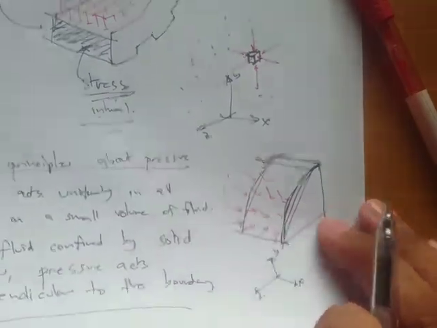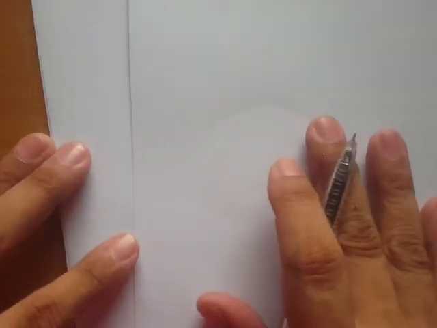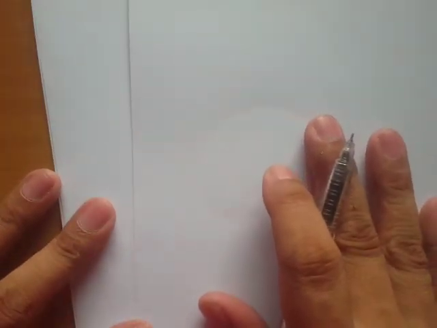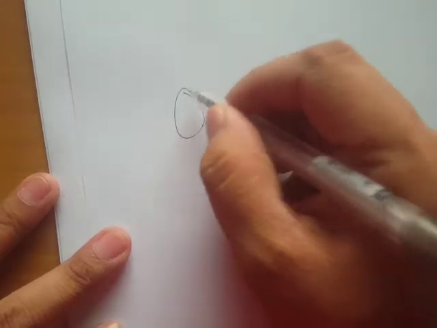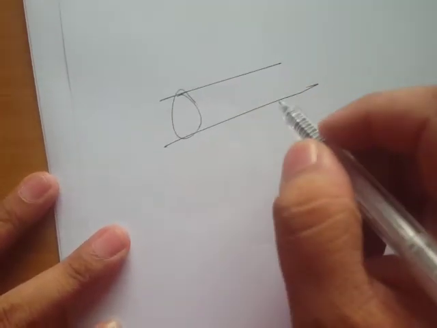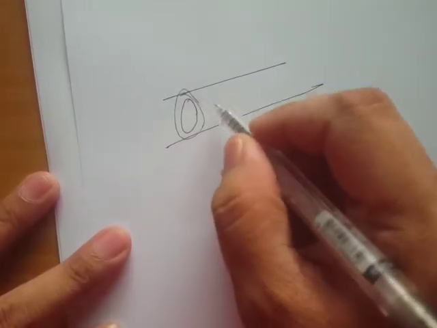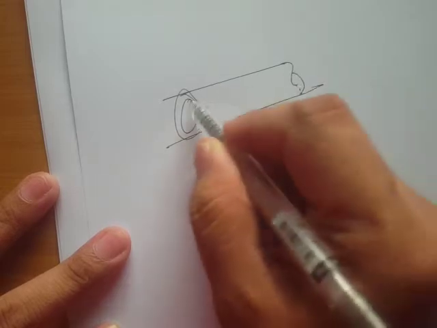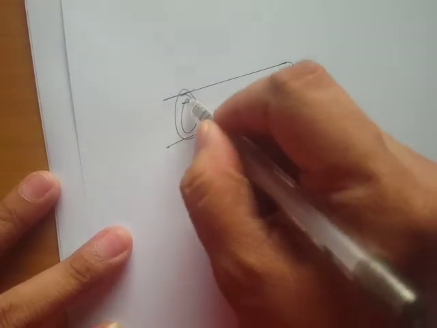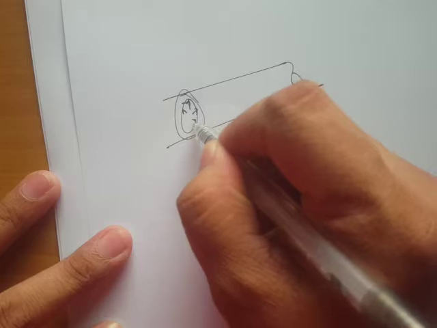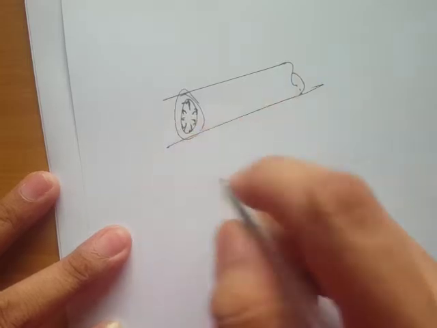Okay, so the application is that, for example, if we are going to design a pipe that will be used for conveying a fluid, then that pipe has to be able to resist the pressure, right?